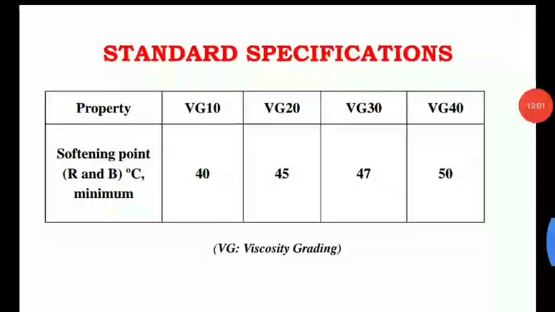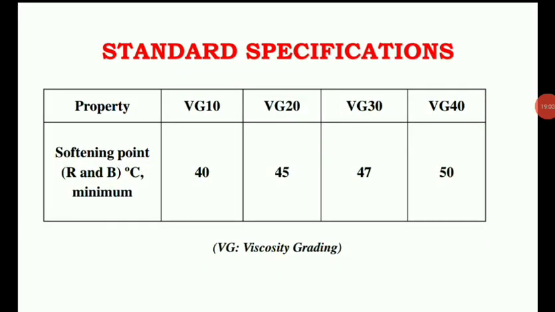Here you can see the standard specification values for this property. It is again differentiated with respect to the viscosity grading, but the results depend upon the softening point of the bitumen.